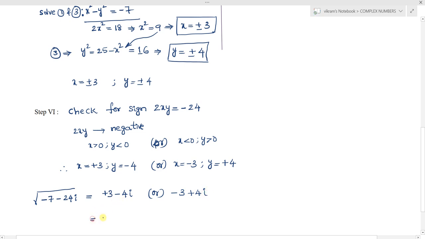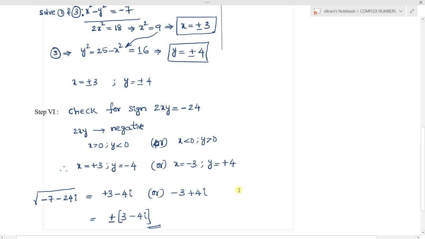These two can be summarized by taking plus or minus common: plus or minus of 3 minus 4i, which is the required square root of the given complex number, the square root of minus 7 minus 24i.